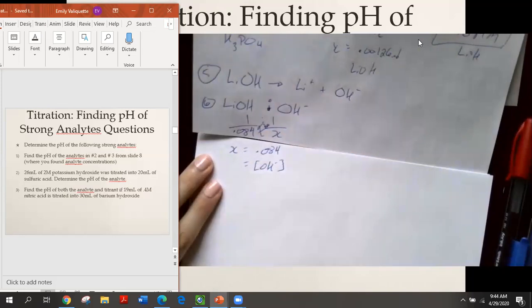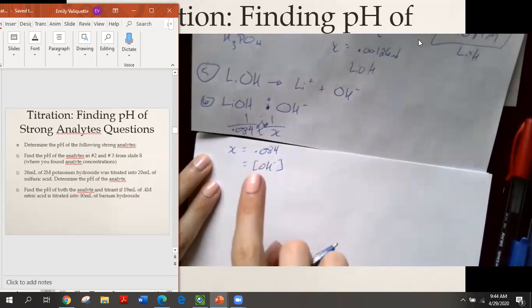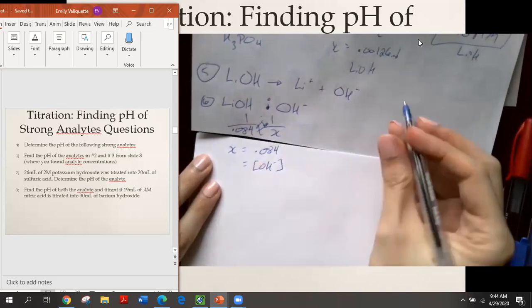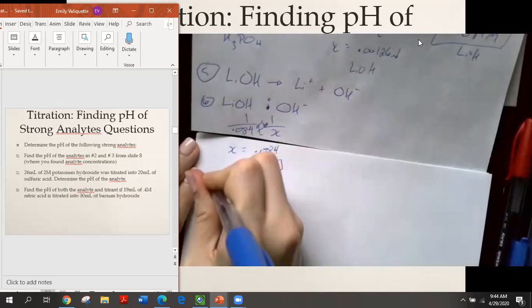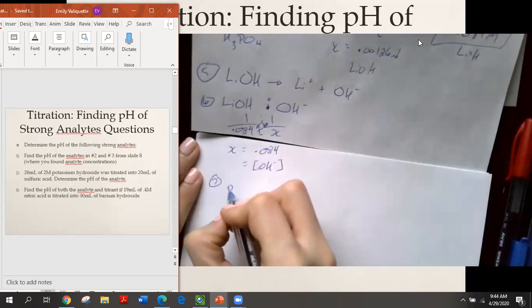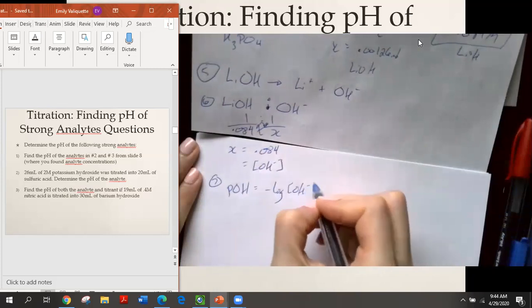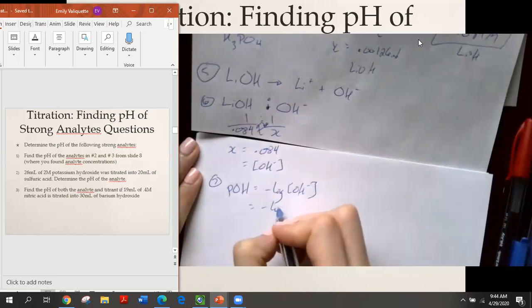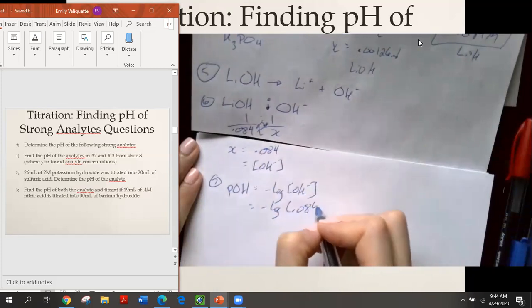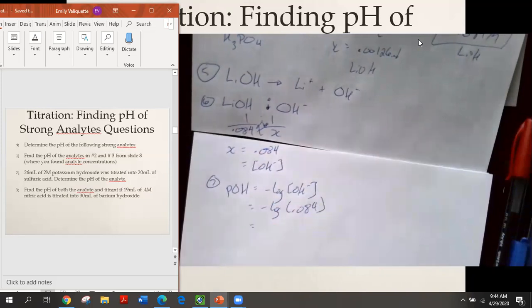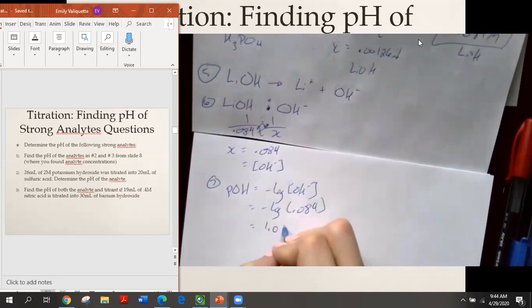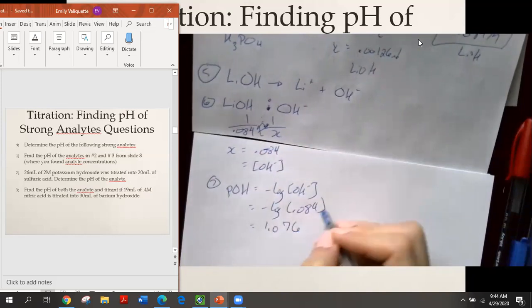which would be our concentration of hydroxide. Once we have that, then we can go to step 7, which would be our pOH formula, so the negative log of the concentration of hydroxide. So the negative log of 0.084, which is 1.076.